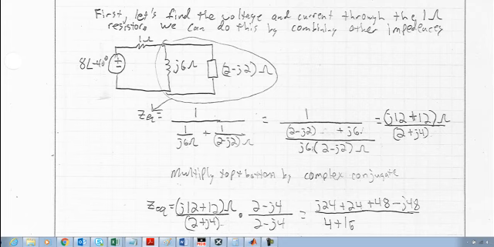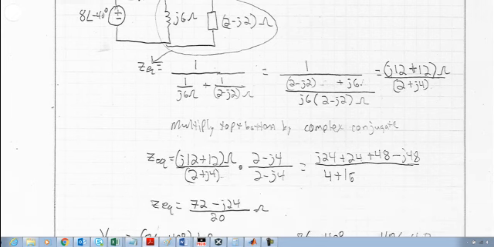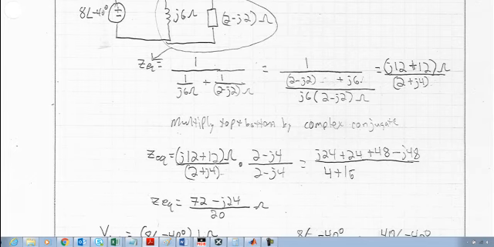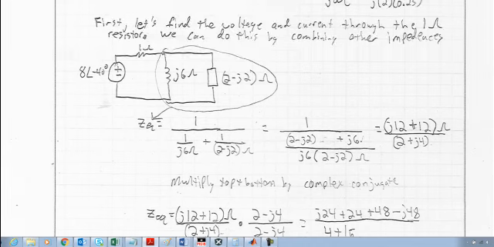And so then I'm going to end up finding a common denominator here. Ultimately I get to this, multiply the top and the bottom by the complex conjugate of this complex pair right here. And so at the end of the day, my equivalent for those two works out to be 72 minus j24 over 20. So that is my equivalence for these two in parallel.